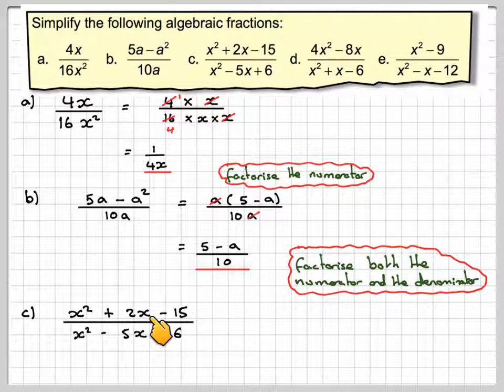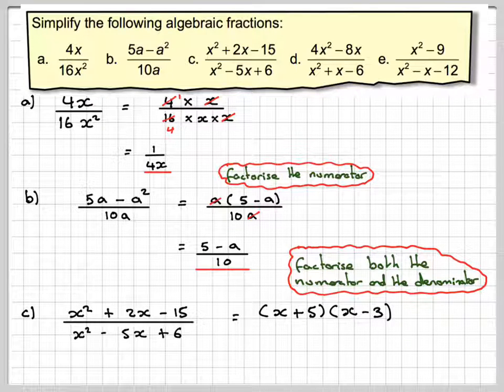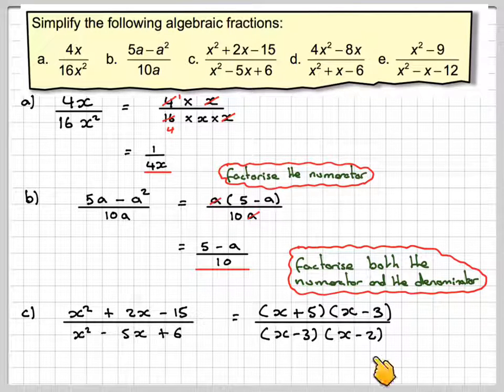So we've got x squared plus 2x minus 15. The factors of 15 are 3 and 5. And with 3 and 5, we can get a 2 in the middle. So we want x plus 5, x minus 3. When you do that, we get minus 3x here, plus 5x, which will give me the 2x in the middle. Okay, for the denominator, we want x minus 3, x minus 2.